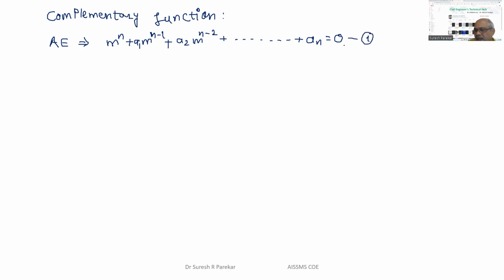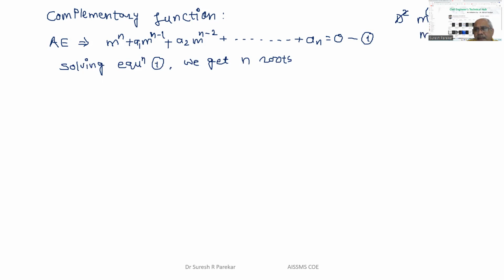Now solving equation 1, we get n roots. Now see, if I will consider an equation with 2 degree, m square minus 2m plus 2 equal to 0, then we are going to get 2 roots.